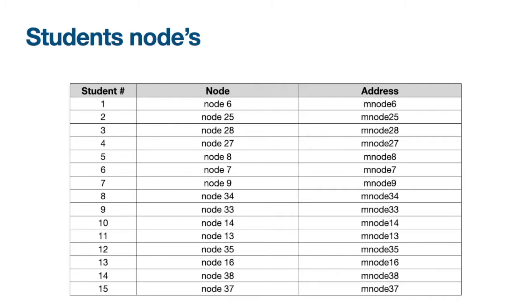So depending on the number that you have been assigned, you will use a certain node with the address which is given in this table. So this is the moment to write down your node and the address that has been given to you with the student number that has been issued in the email.